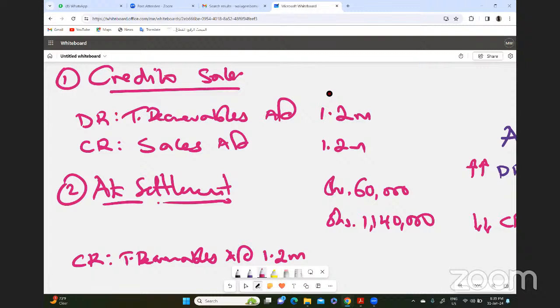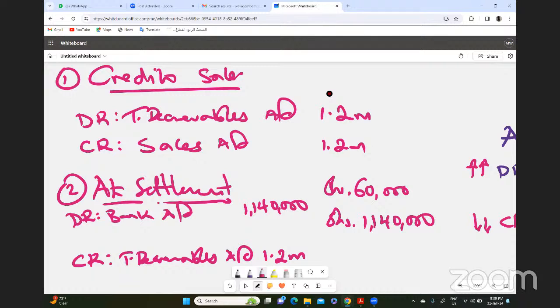Since we are recognizing that asset, we are debiting. So we shall debit our bank by 1,140, because that is the actual money that you're receiving.